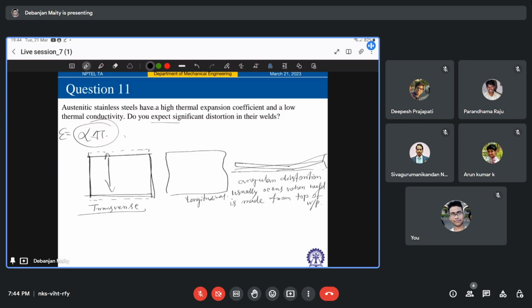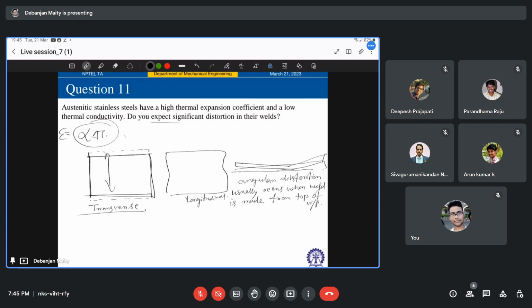Or if you can reduce your temperature gradient, or play with cooling rate, all those things will ultimately affect your weld microstructure, and finally your weld performance in terms of whatever distortion you are seeing.